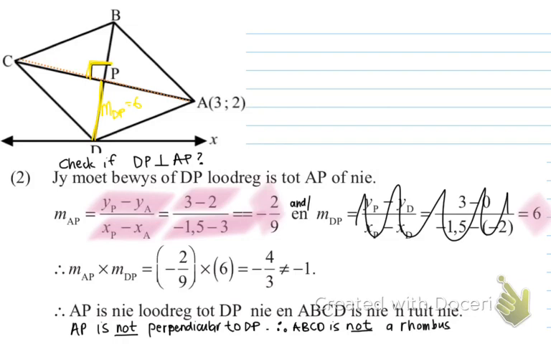Now I multiply the gradients with one another. I want the answer of -1. If the answer is -1, then they are perpendicular. Okay, so I multiply them and I get -4/3, which is not equal to -1. So that means that AP is not perpendicular to DP, so ABCD is not a rhombus.